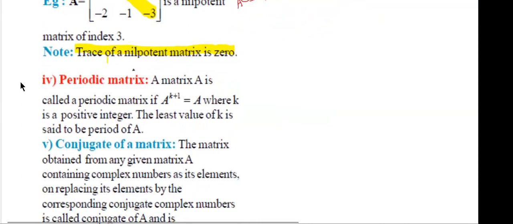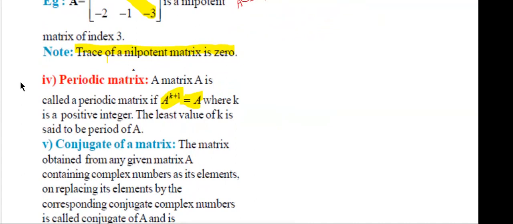Next, periodic matrix. A matrix A is called a periodic matrix if A power k plus 1 is equal to A, where k is a positive integer.